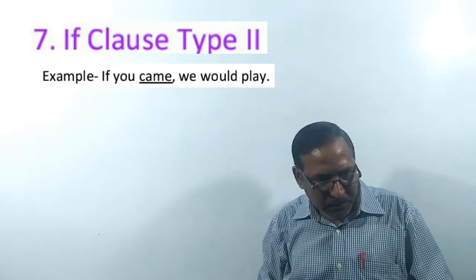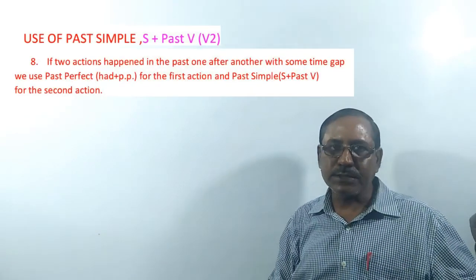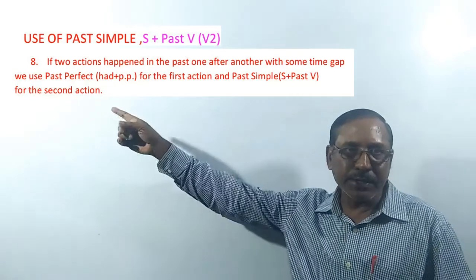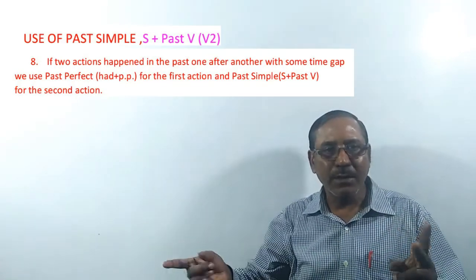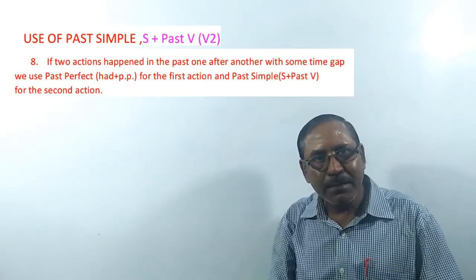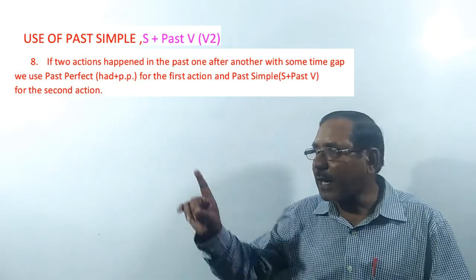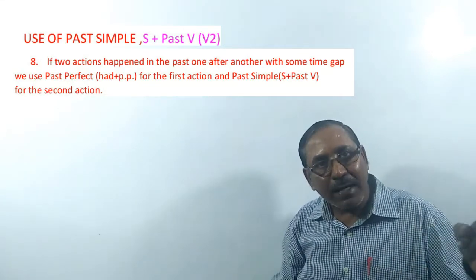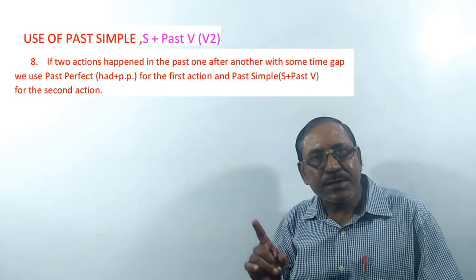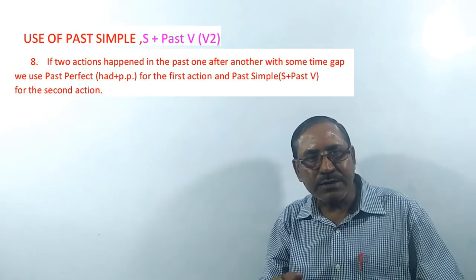Then if there are 2 actions, come to the next point, point number 8. If 2 actions happened in the past, one after another, with some time gap, then we use past perfect, that means had plus pp, for the first action, but past simple for the second action. Try to understand.